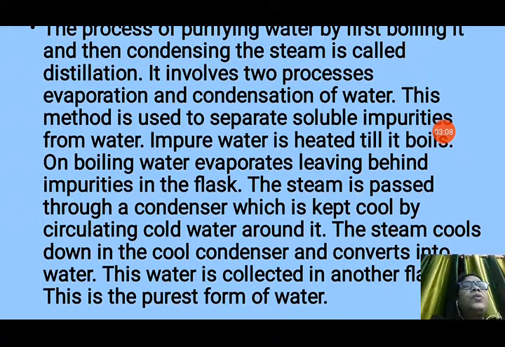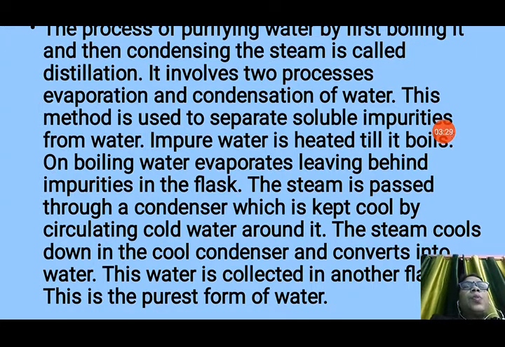But in this case, we will take the steam. Now, this steam is passed through a condenser. A condenser is a tube through which, when the steam passes, it becomes cold and changes into water. When water vapor changes into water, this process is known as condensation, and it happens on cooling.